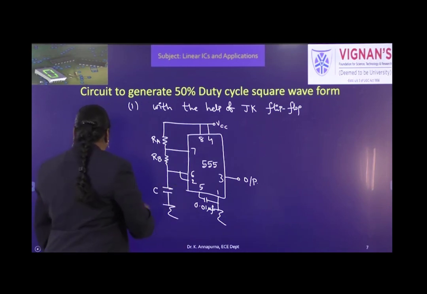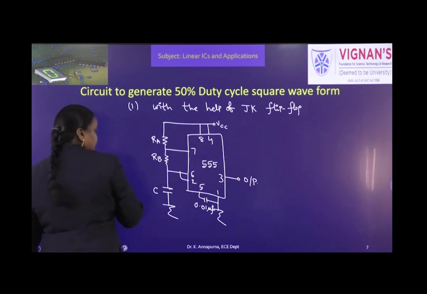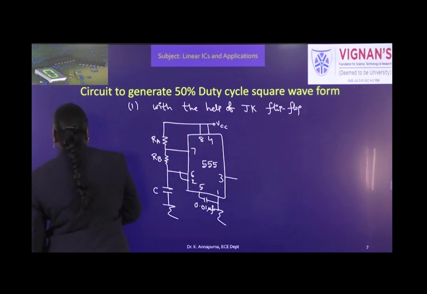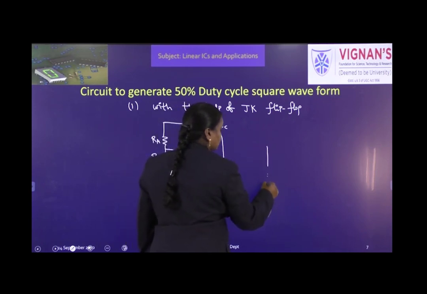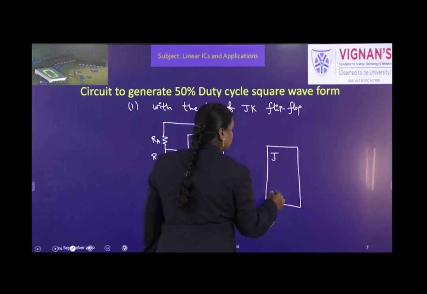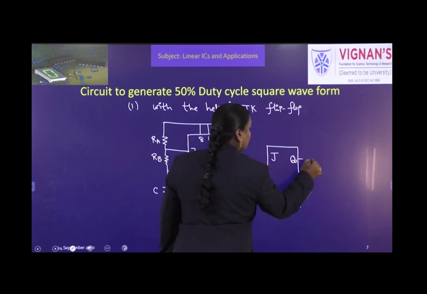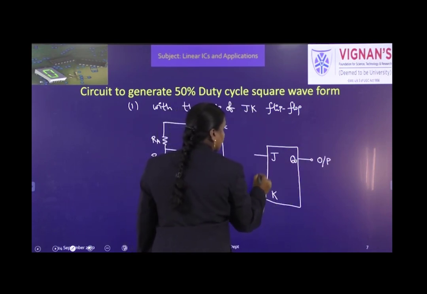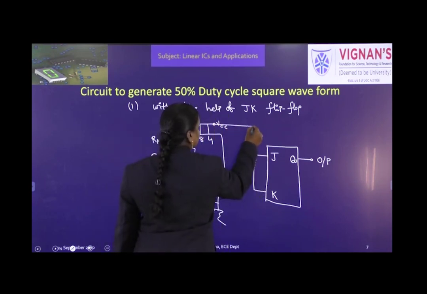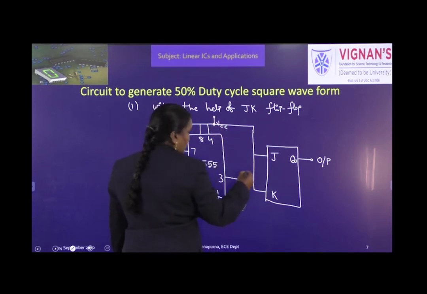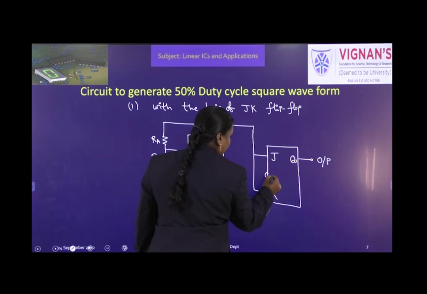Okay, instead of taking the output here, now I am using a JK flip-flop. And the output of the JK flip-flop is taken as the final output. And here J and K I am always supplying with VCC. And here the clock signal will be there.